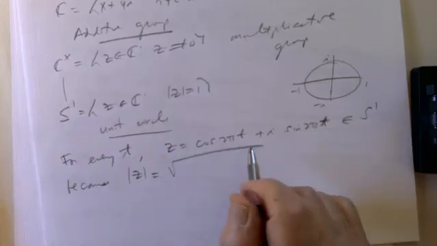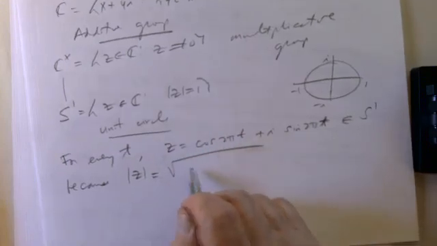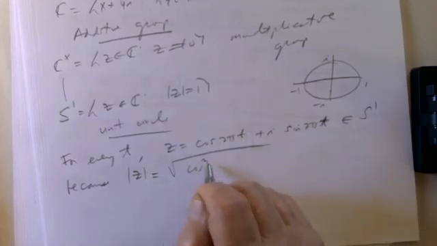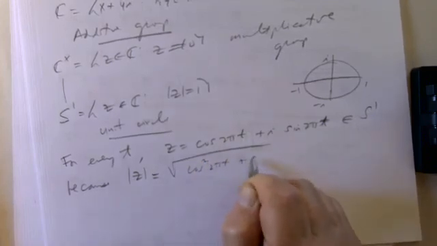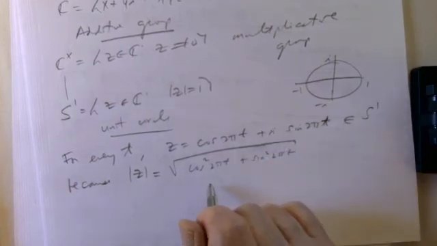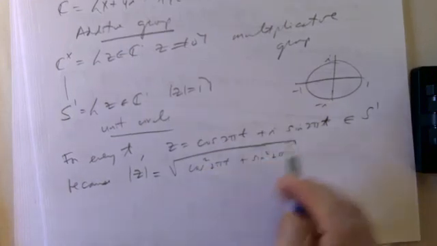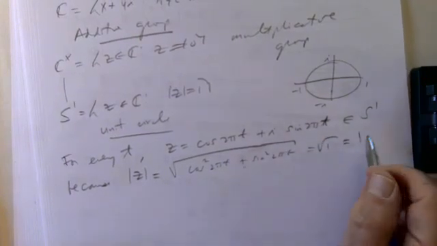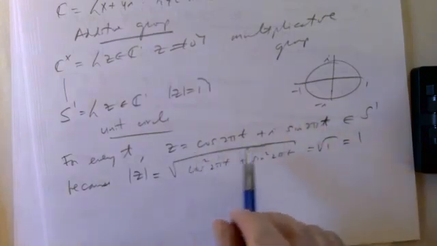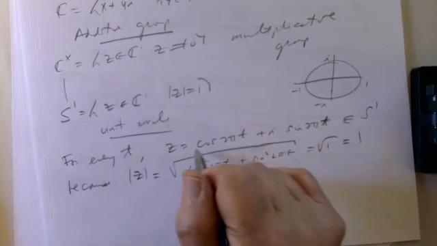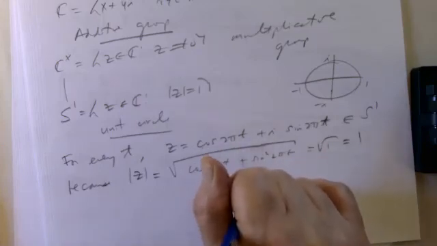It's the square root of the sum of the squares of the real and imaginary parts. So this is cosine squared of 2 pi t plus sine squared of 2 pi t. But for any angle, cosine squared plus sine squared is 1. So this is the square root of 1, which is 1. And in fact, every point on the circle can be written as a complex number in this form.